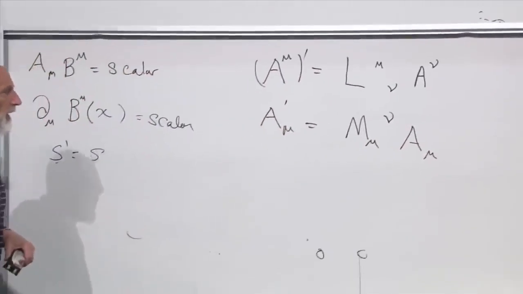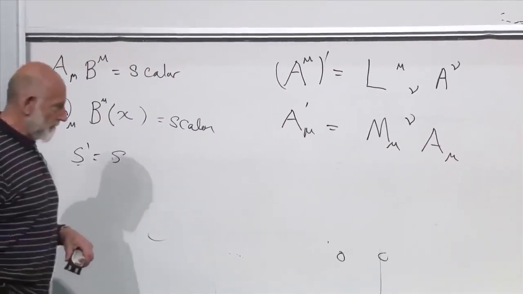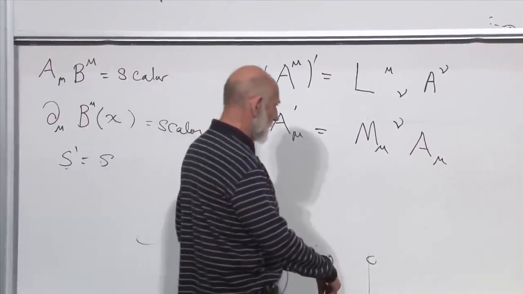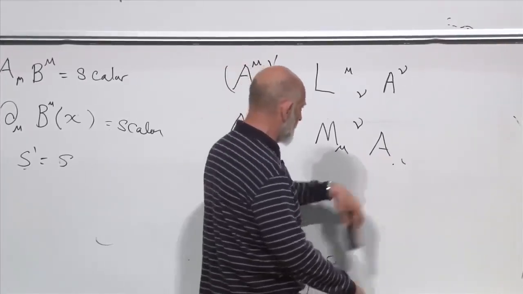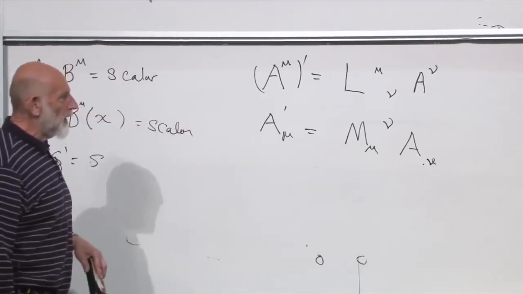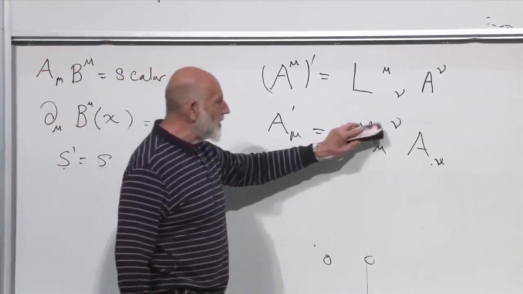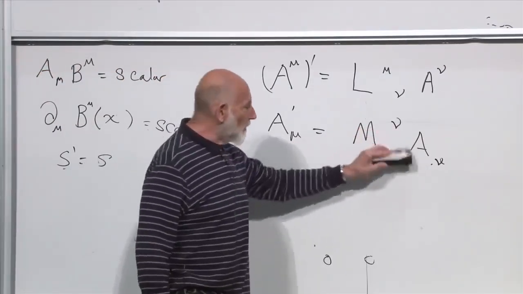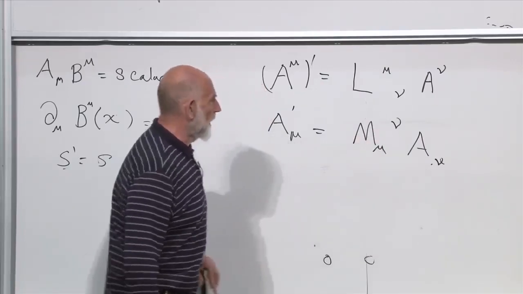I'm going to tell you right now what the matrix M is. Oh, thank you, nu. If the left-hand side has a mu, the right-hand side must also have an unsummed over mu, so that's correct.